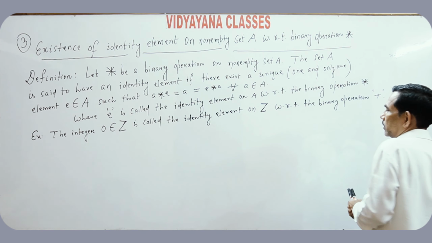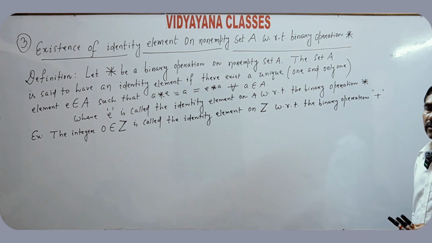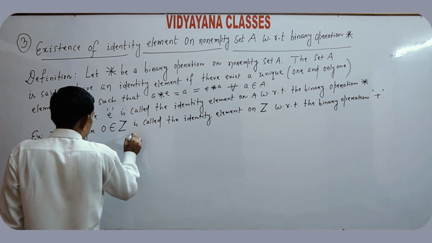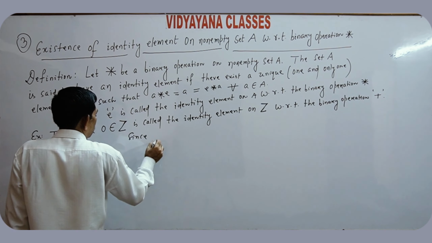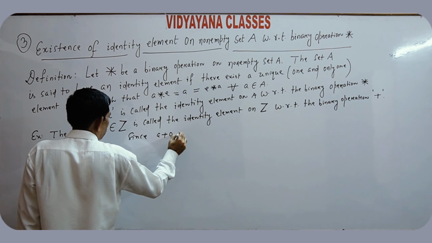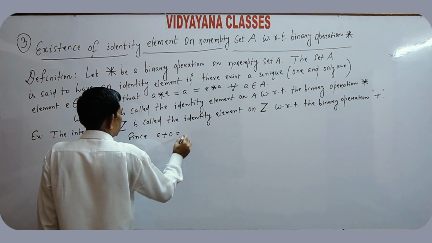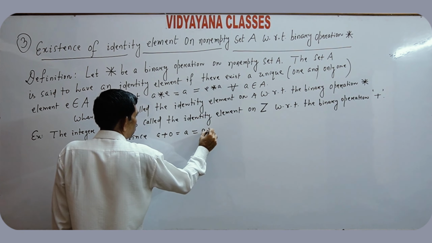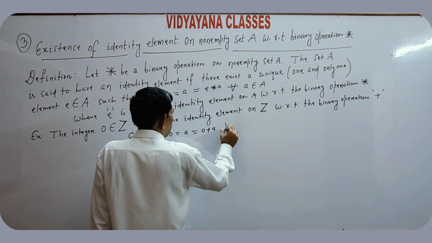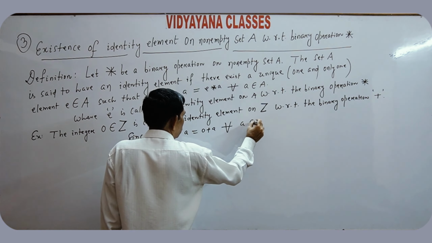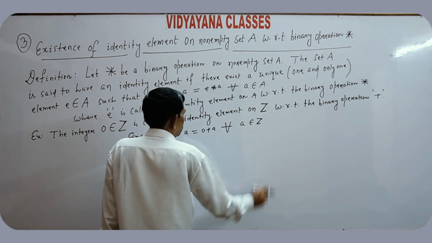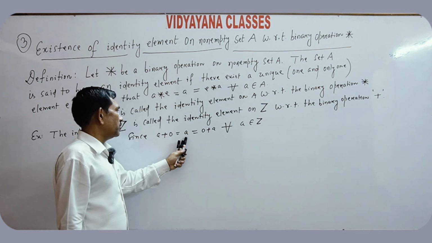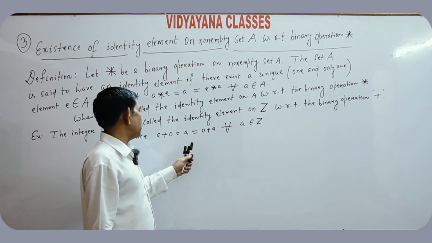Addition is a binary operation on Z. Since a plus 0 is equal to a, which is equal to 0 plus a, for all a belongs to Z. For any element in Z, a plus 0 is equal to a, or 0 plus a is equal to a.